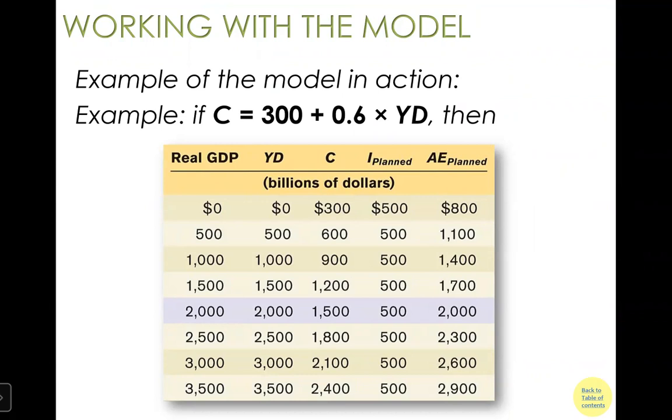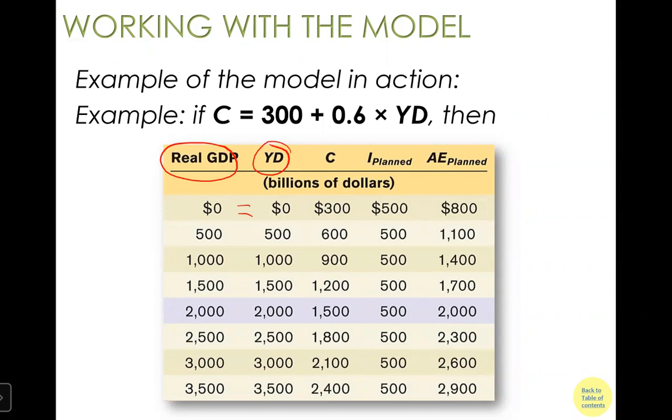The first column is real GDP. Now the real GDP is going to equal disposable income. The disposable income must equal real GDP by construction, because we can look at GDP through different aspects.